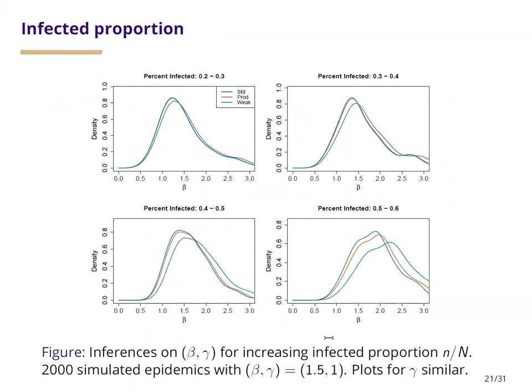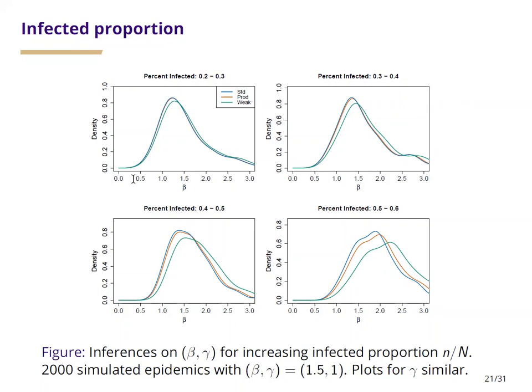Next, I studied how these methods deteriorate as we have more people infected, and that's what's being shown here. I did 2,000 simulated epidemics with a common infection rate and a common removal rate. I'm not showing the plots for the MLE estimates of the removal rate because it's very similar.